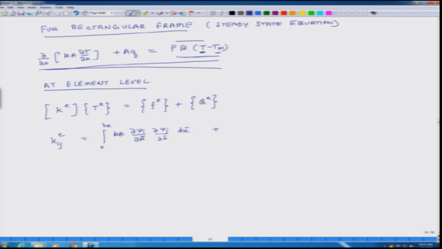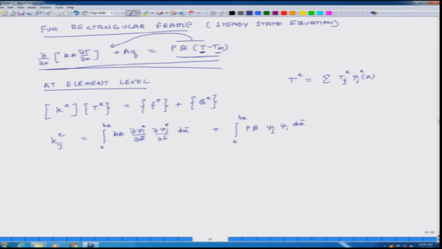If I move this term P beta times T here, multiply it by the weight function and integrate it over the domain, that will also be a part of K I J. So, there is a term related to K I J, 0 to H E, P times beta, and because we say that temperature T is equal to the summation of T j psi j of x, for the eth element, the convective part will be psi j times psi I dx.